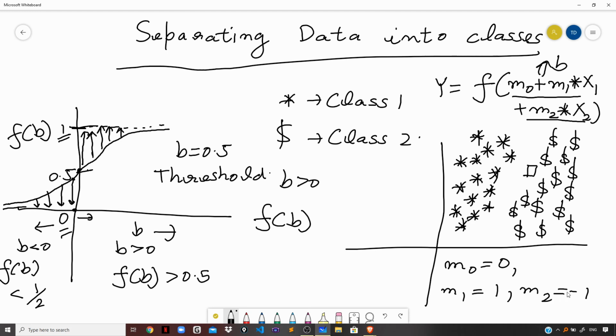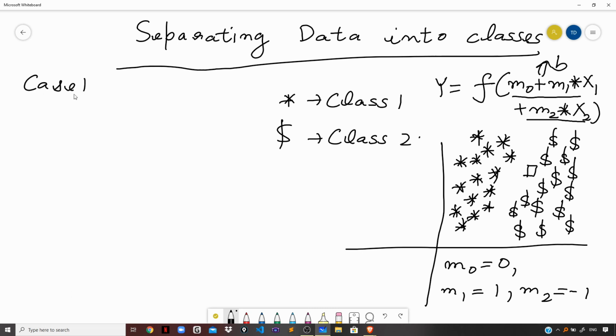And then if we consider the case when b is greater than 0, so this entire expression is b. Case 1, when b is greater than 0: m0 plus m1 into x1 plus m2 into x2 is greater than 0.